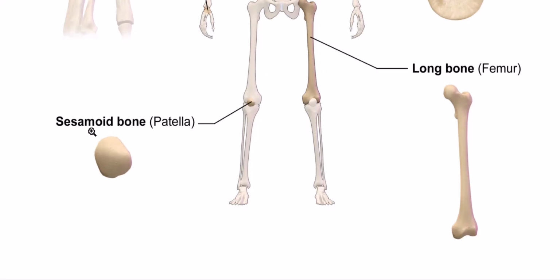It's derived from the word for sesame seed, so a small bone. But another characteristic of sesamoid bones is that they are embedded in a tendon. And you'll see later on when you look at the knee that the patella is indeed embedded within the quadriceps femoris tendon that comes across the knee.